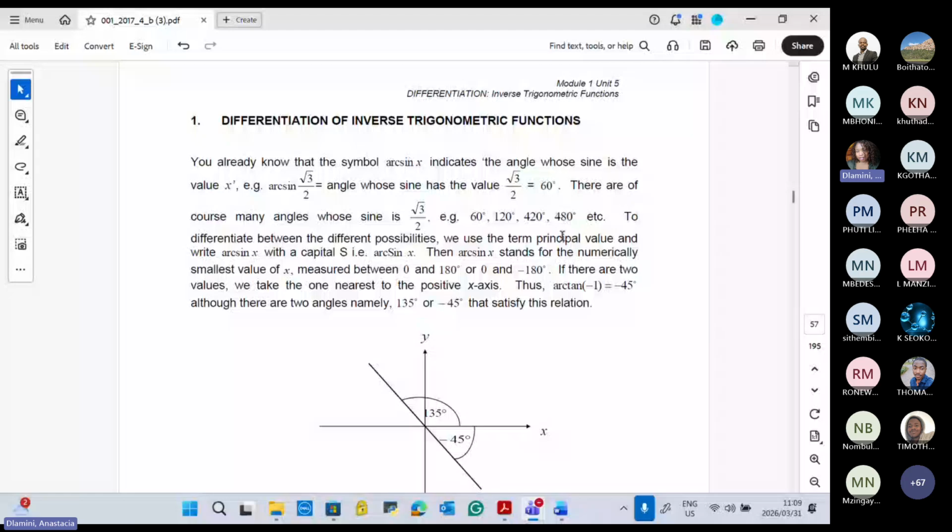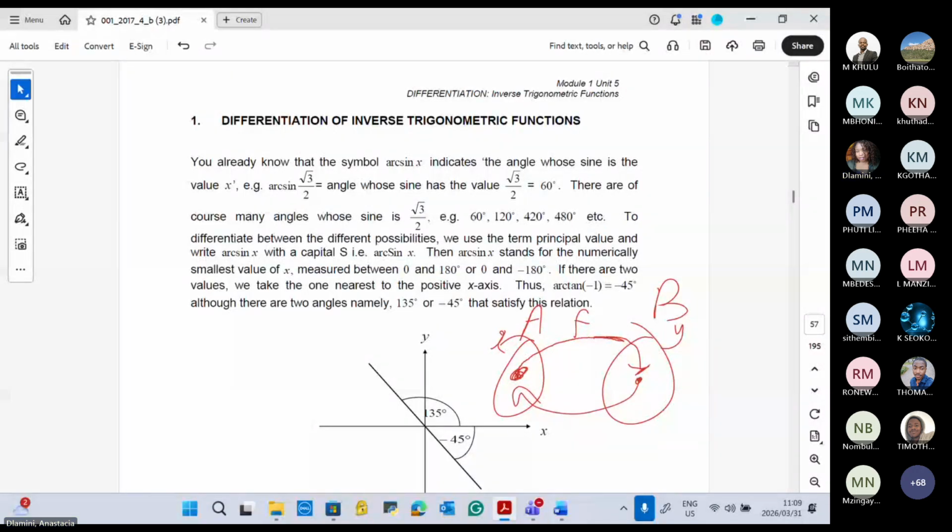If you're taking X values, substituting into a function and getting answers which are in Y, the inverse is doing the opposite, taking the Y value and getting the X value, right?